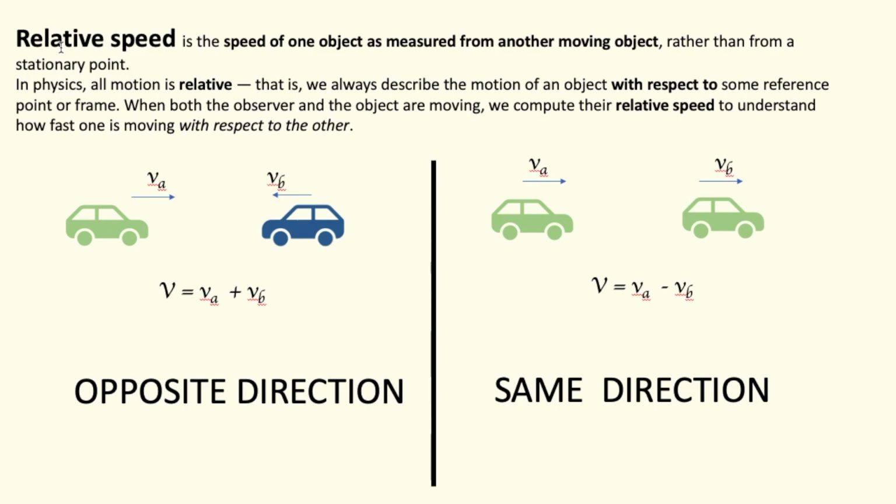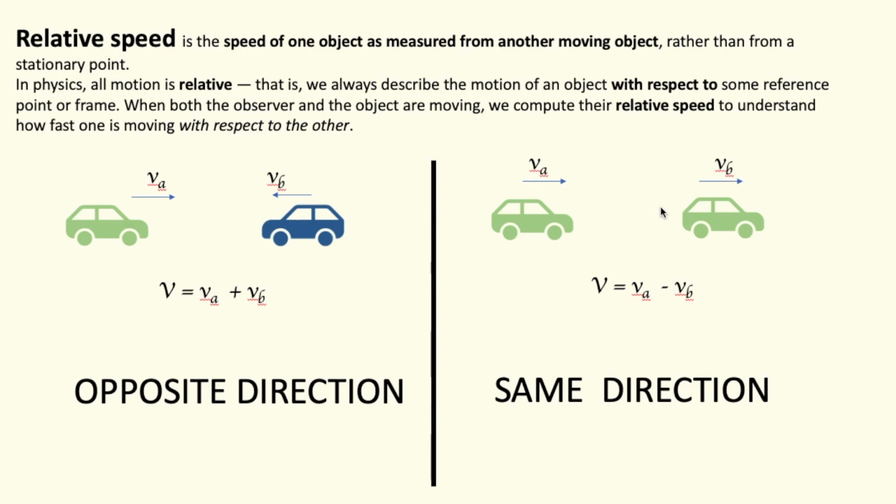If you see in the picture here, the two objects are moving in opposite directions, approaching each other. The relative speed is the sum of their speeds, since both are effectively helping to close the gap between them. On the other hand, the objects on the right-hand side are moving in the same direction, which means one is chasing the other.